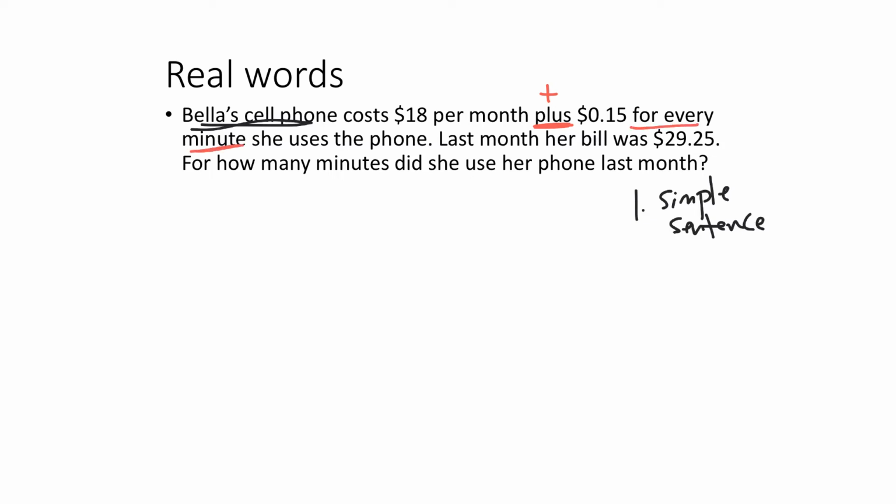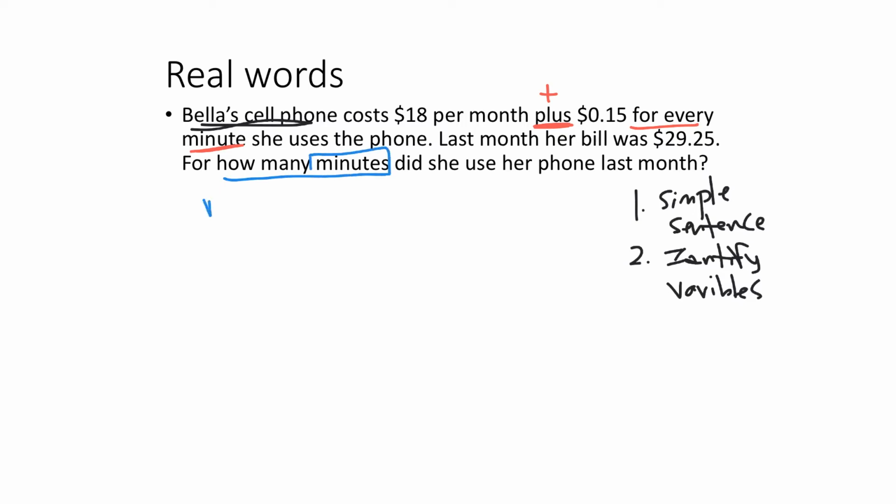It's going to be a unique situation, because remember, the second thing we want to do is identify our variables. This is going to help us understand what's going to be constant and what's going to be changing, and in this case we want to know how many minutes.